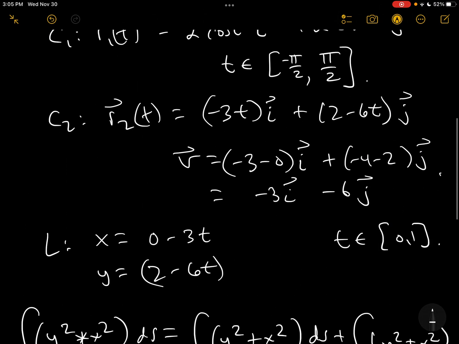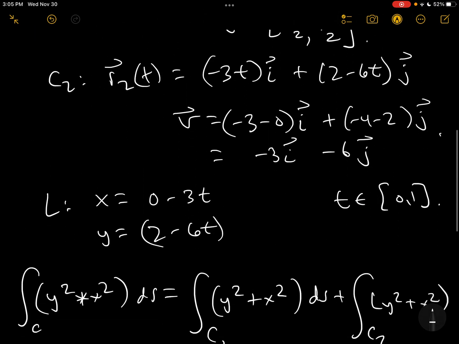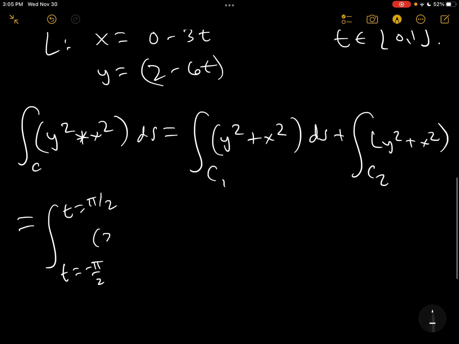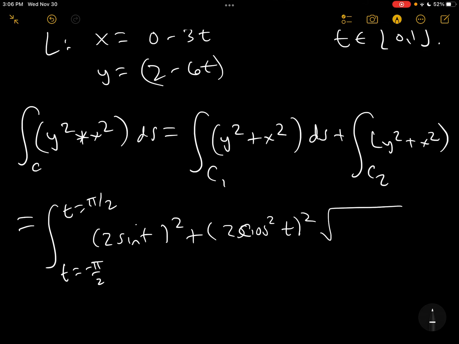Y squared, so what's y? Y is 2 sine t. So we have 2 sine t squared plus x squared, which is 2 cosine squared t, times what? Times this guy.